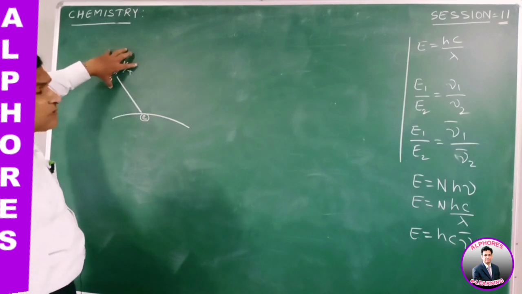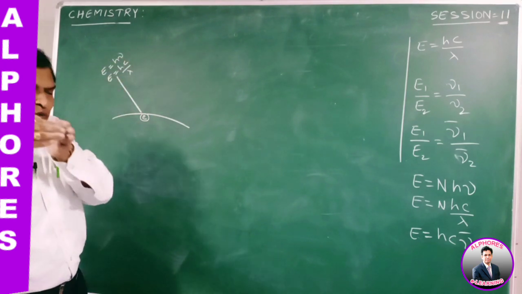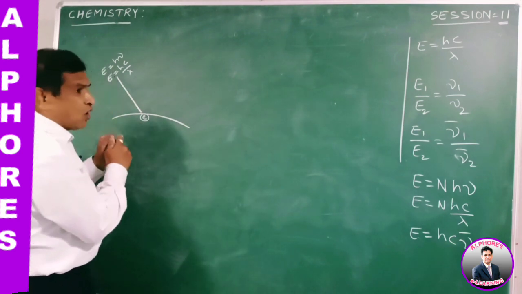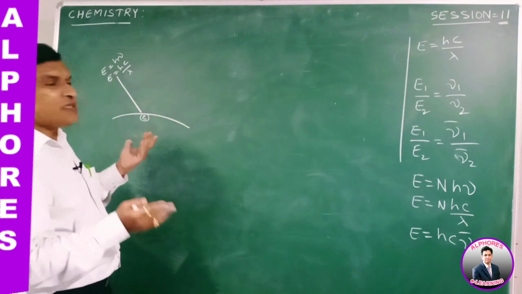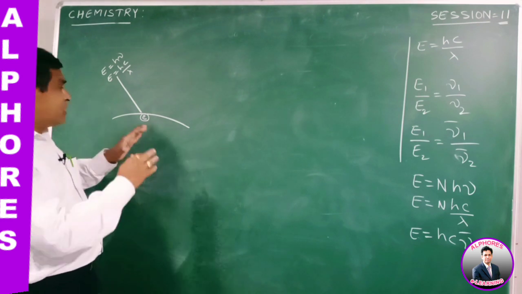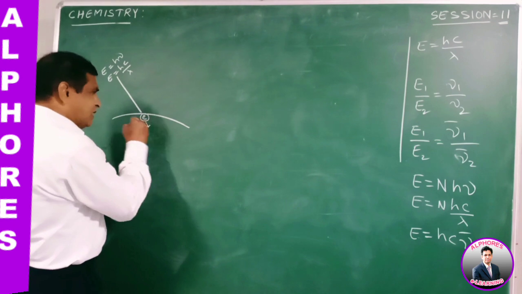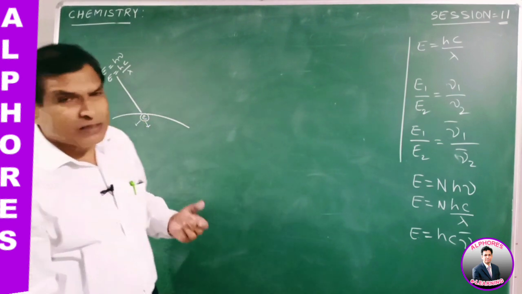This completely represents the incident light falling on the surface of the metal. Now this surface electron is not free on the surface. It is bound to the surface by some attractive forces.